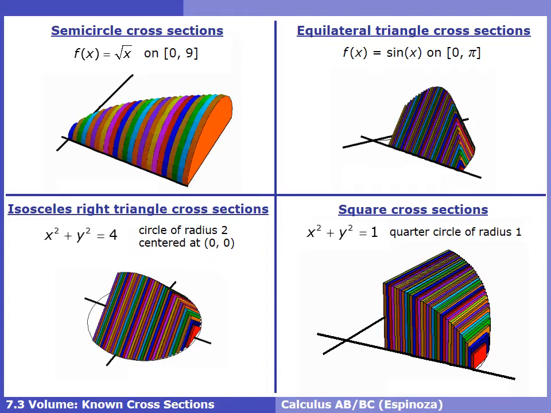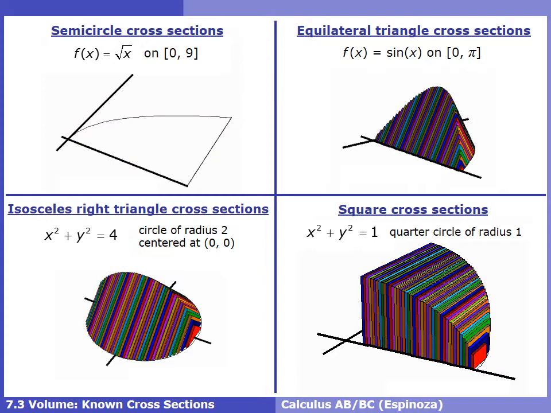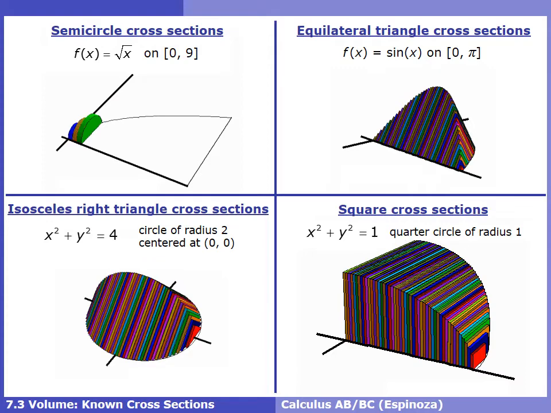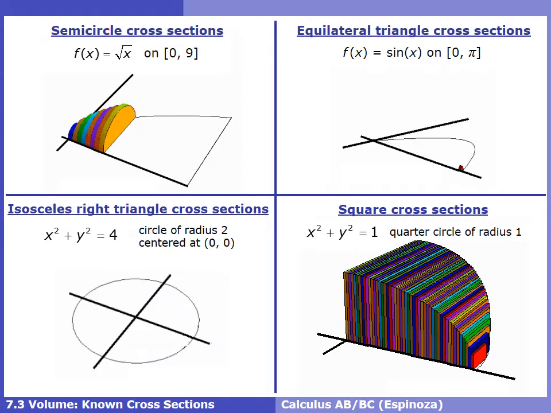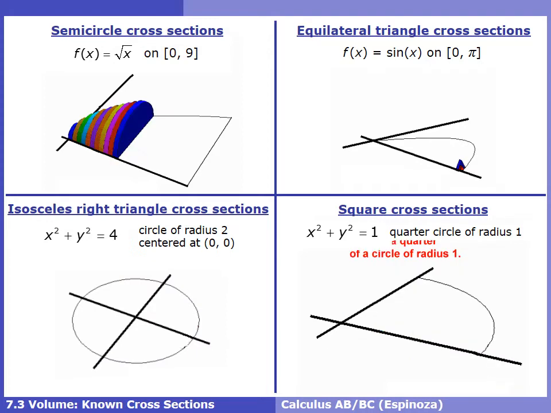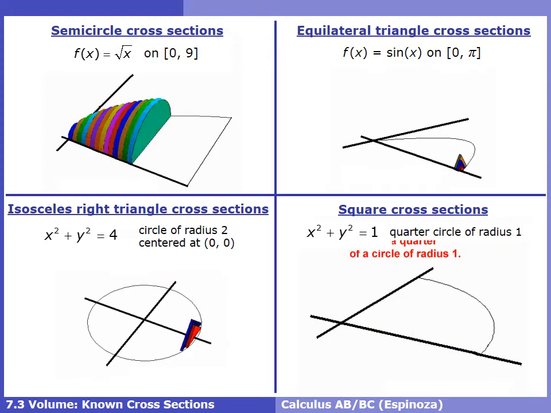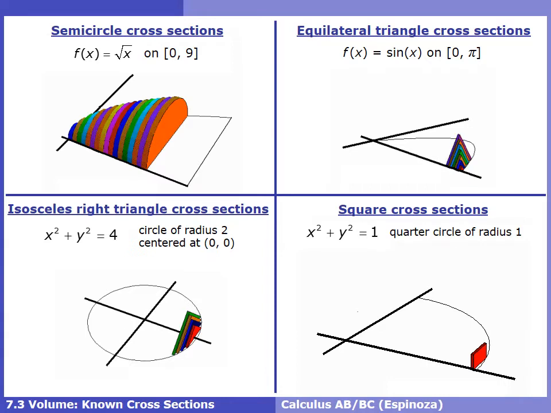The other side of these three-dimensional shapes will have varying different looks to them. In this top right example, we have equilateral triangles sticking out of the base of this solid. Isosceles right triangles, and we have squares in this bottom right corner example.